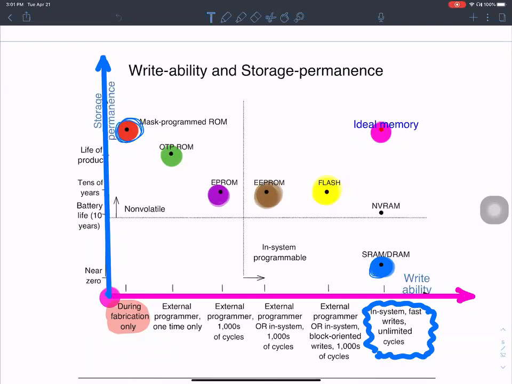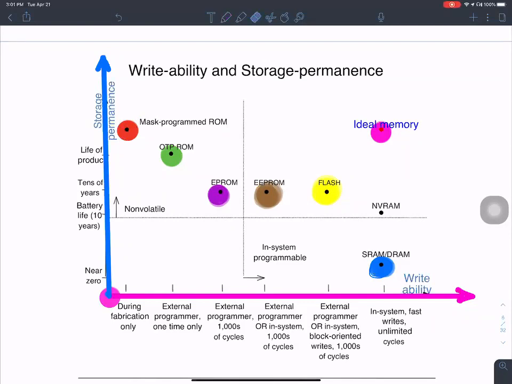We organize the whole spectrum of memory in terms of the writability, how easy it is to write, shown along the x-axis here, and then storage permanence, shown along the y-axis here, and then we know where different memories fall in this hierarchy. That's what we did in the last class.